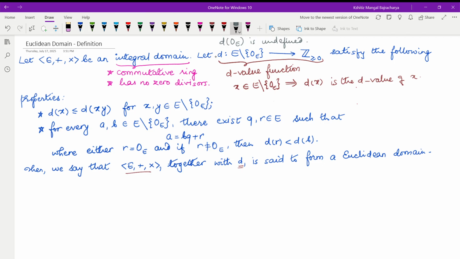The second condition is often called the division algorithm, because it resembles the well-established division algorithm from number theory. This is the definition of the Euclidean domain.